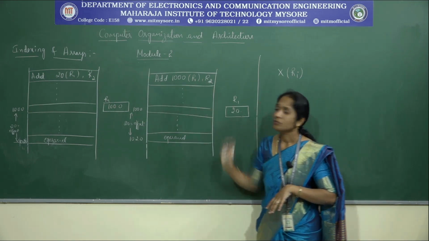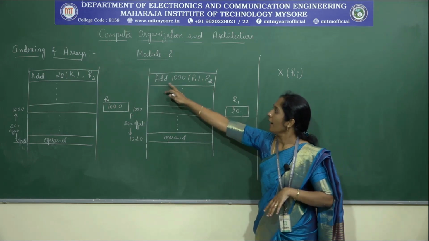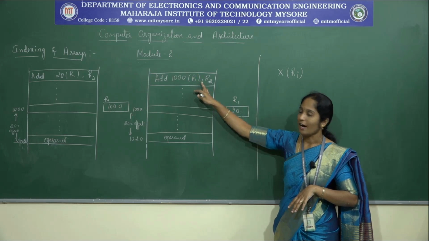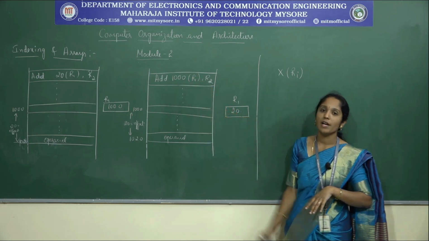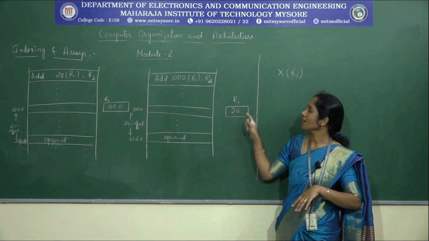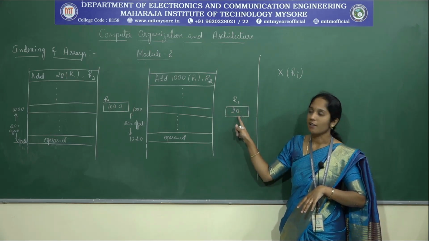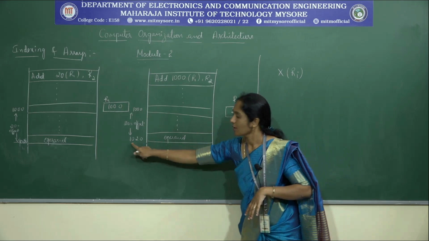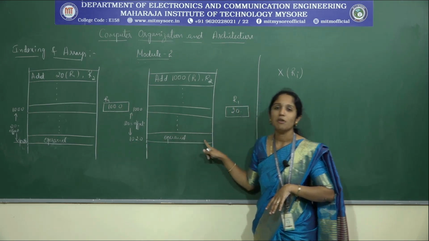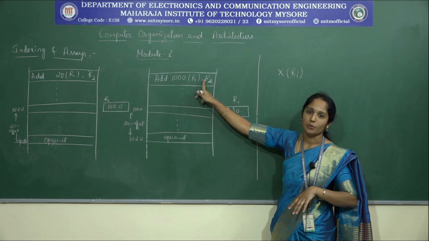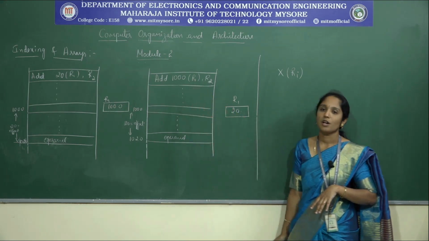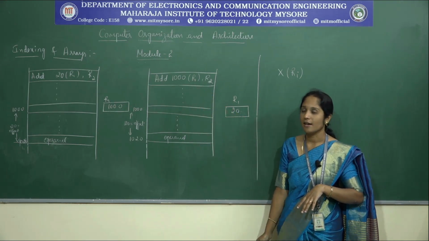Here, add 1000 of R1 comma R2. So the address is obtained by adding 1000 to the contents of the register R1, which gives you 1020, where we have the operand which is to be added to R2. So these are the two ways of representing the index addressing mode.